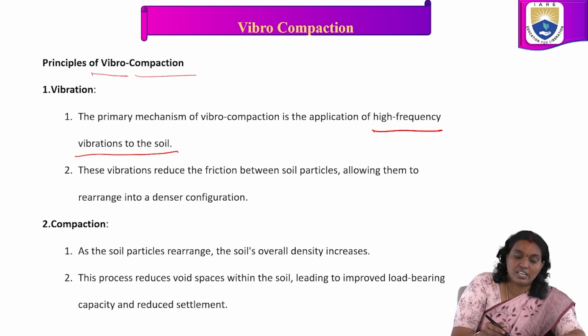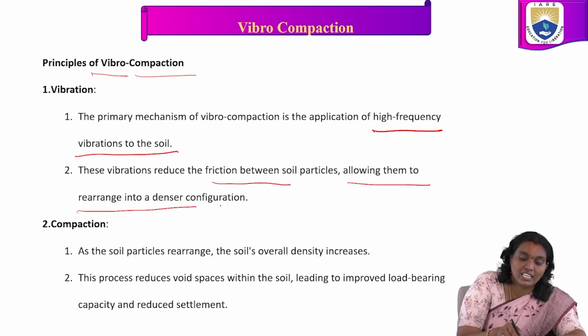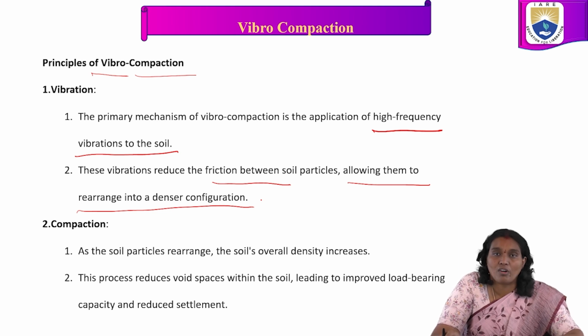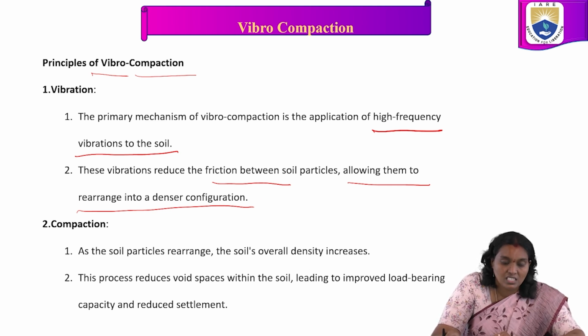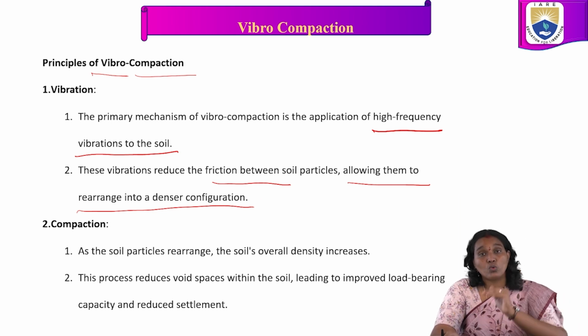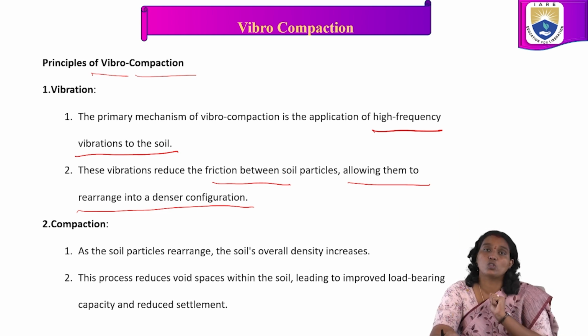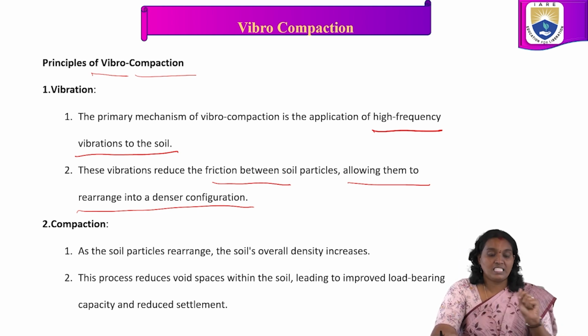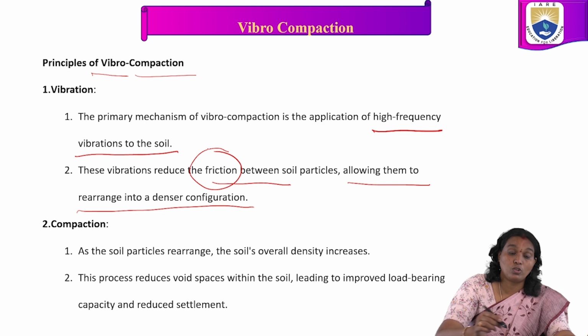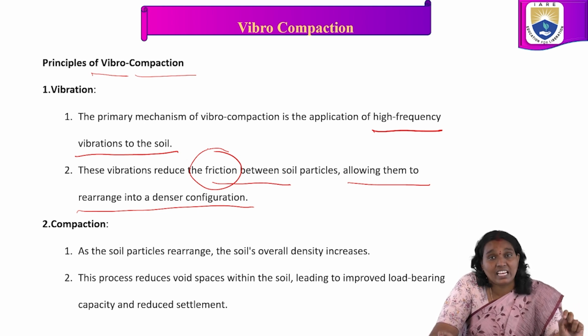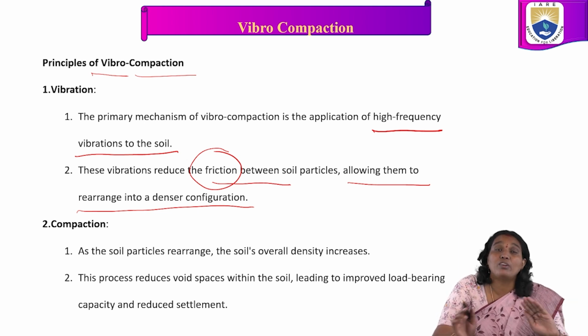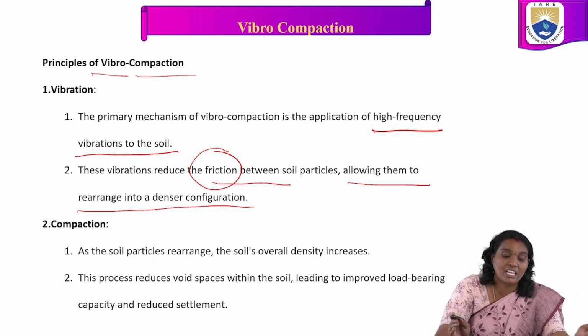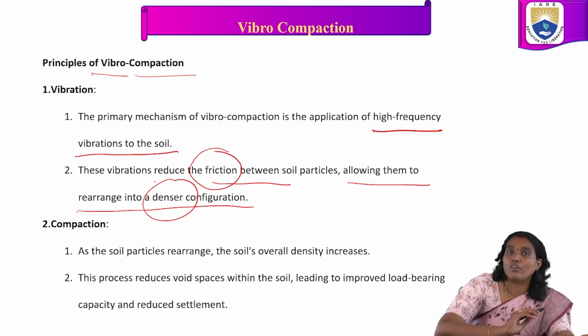These vibrations reduce the friction between the soil particles, allowing them to rearrange into a denser configuration. So we are going to reduce the friction between the soil particles, which is the property we reduce using this technique.